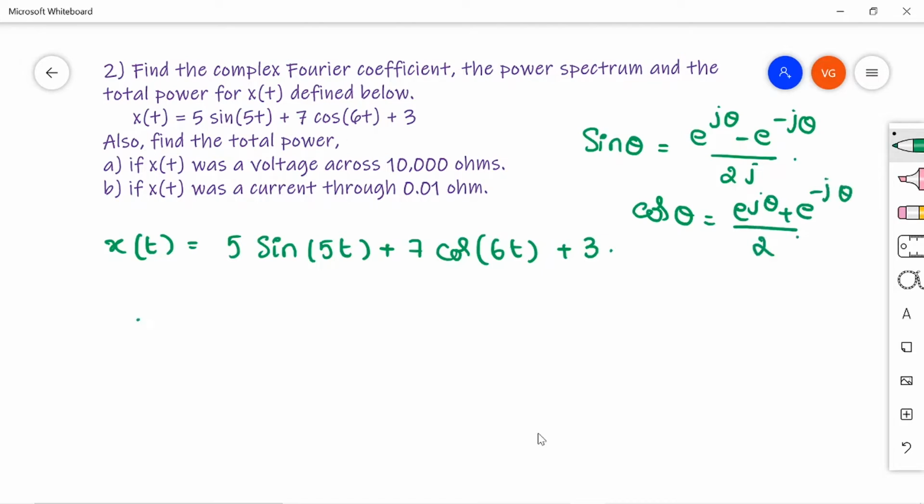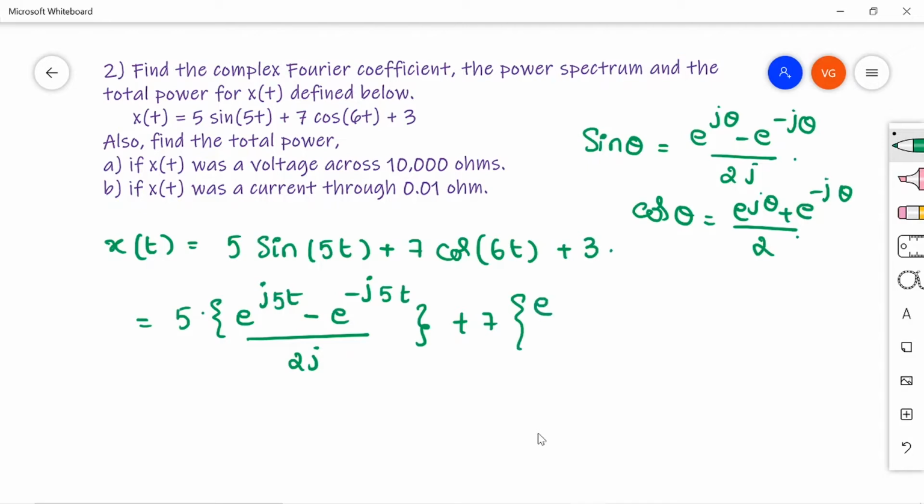So using that, I am just expanding the given signal, nothing else here. So 5 into e power j 5t minus e power minus j 5t divided by 2j, plus 7 into e power j 6t plus e power minus j 6t divided by 2, plus 3.